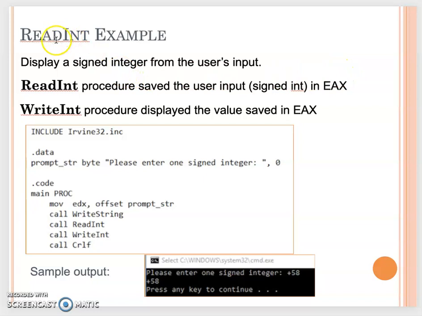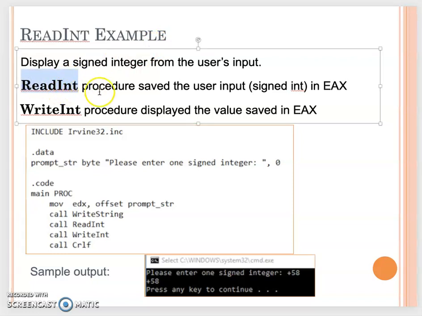So quickly, let me show you another two example procedures. The first one we call ReadInt. This ReadInt procedure will save the user input into EAX. The WriteInt procedure takes the value in EAX and displays the value saved in EAX.